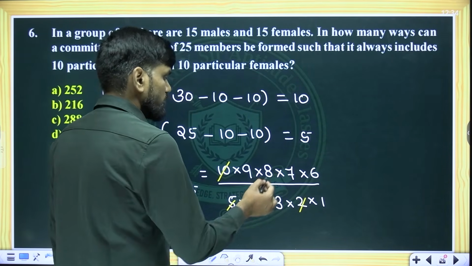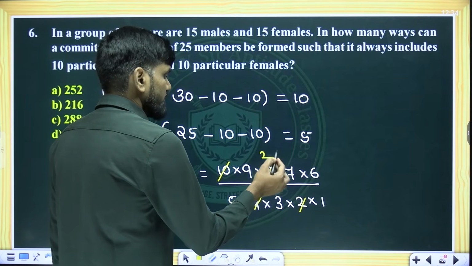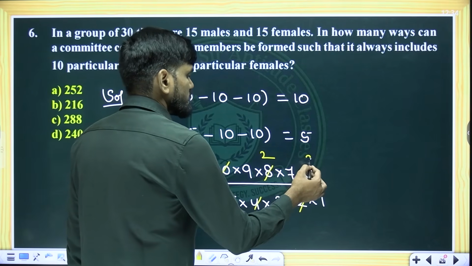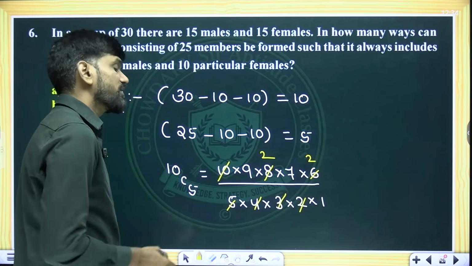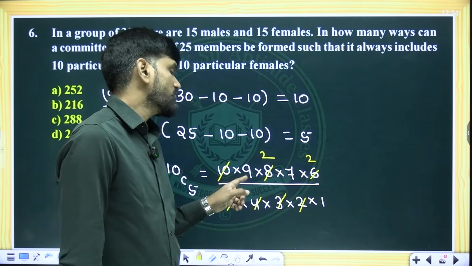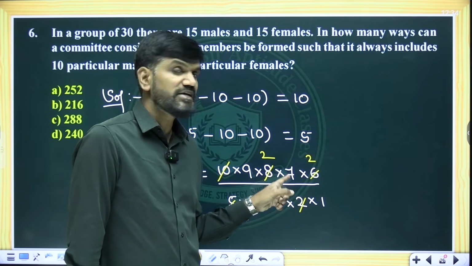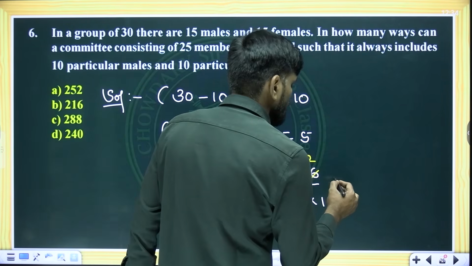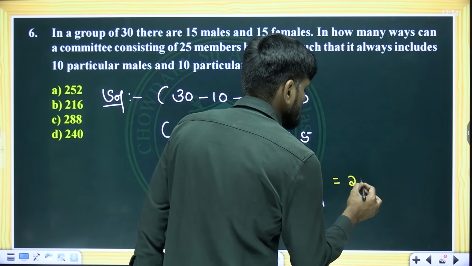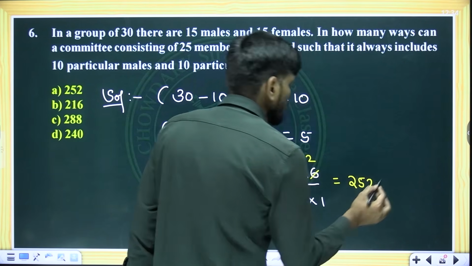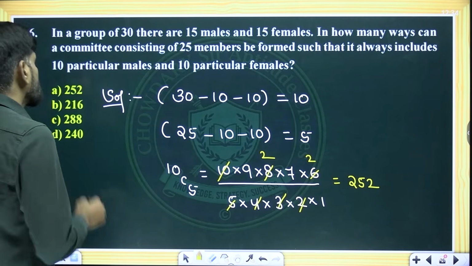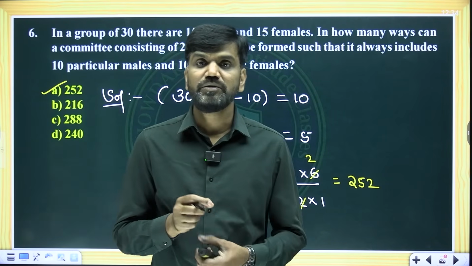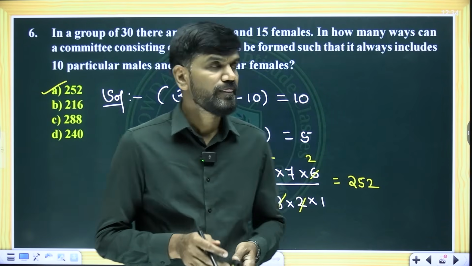Next 4 2s are 8. Next 3 2s are 6. What am I left with? 9 2s are 18. 18 7s are 126. 126 2s are 252. So in how many ways I can select them? In 252 different ways I can select them. Hence your answer has to be option A.